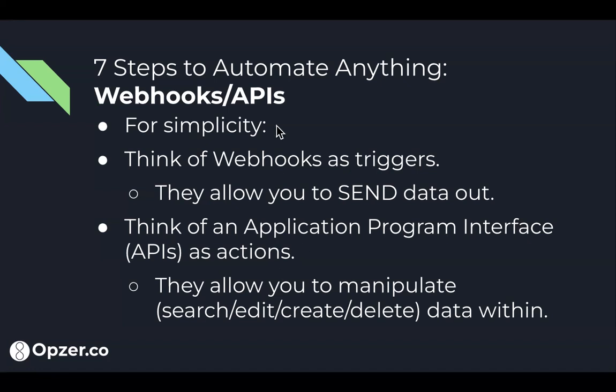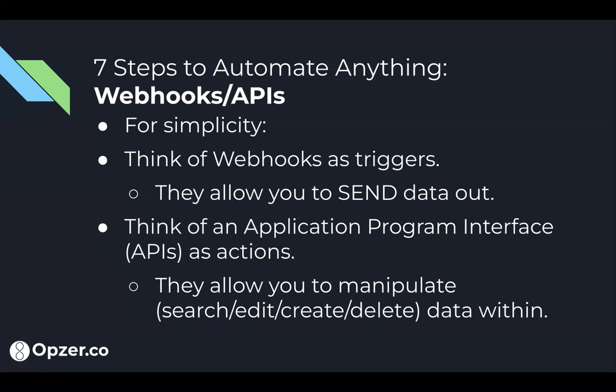So, for example, typically, if you're using a tool that doesn't integrate with Zapier, and you want to make sure that you have a trigger within that tool, meaning in the case of forms, when a new form is filled out, you want to use that to send data to Zapier to trigger something. Typically, you use webhooks for that. And typically, the API actions that you put in will also be webhooks.